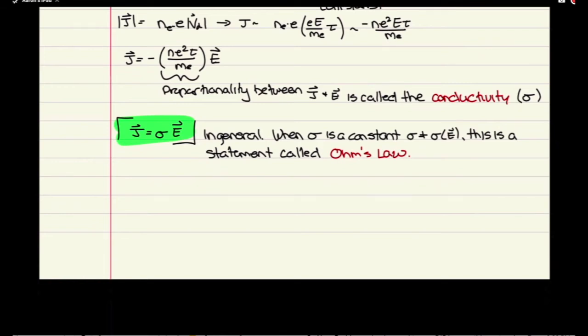Or said another way, if sigma is a constant for a particular device or conductor or whatnot, we say the material is ohmic.